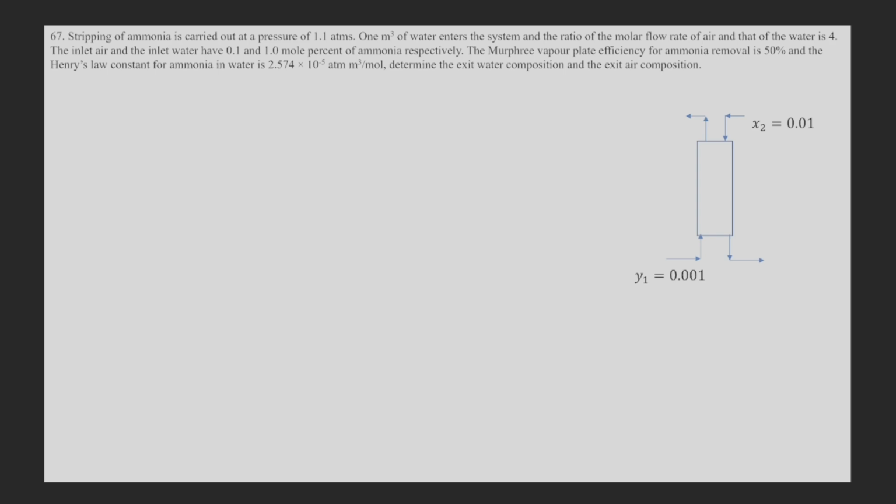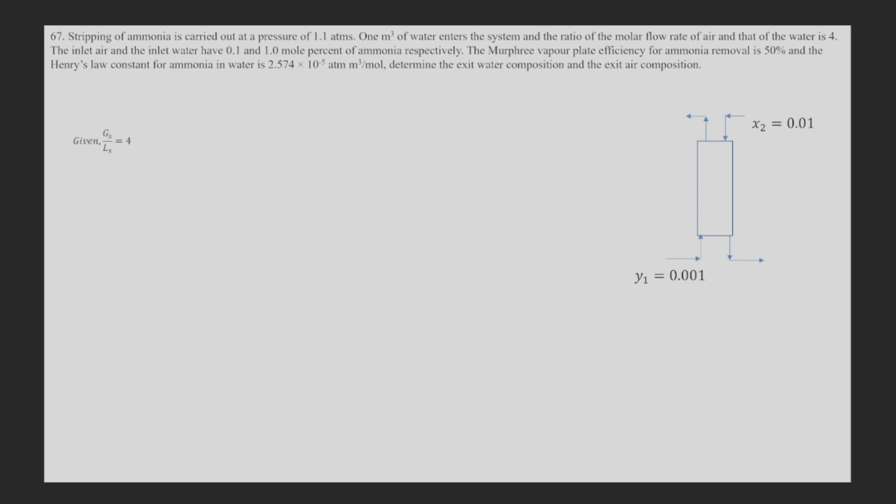Murphy vapor plate efficiency for ammonia removal is 50%. The Henry's law constant for ammonia in water is given in atm meter cube per mole. Determine the exit water composition and exit air composition of the ammonia.